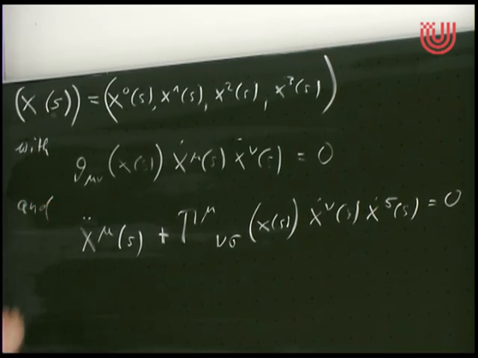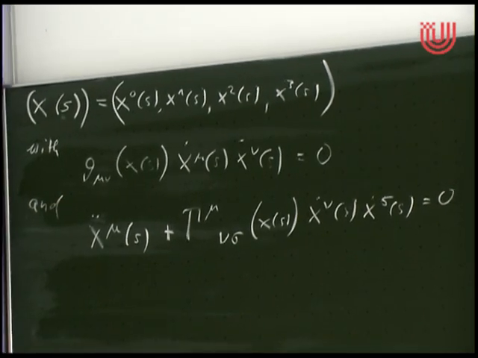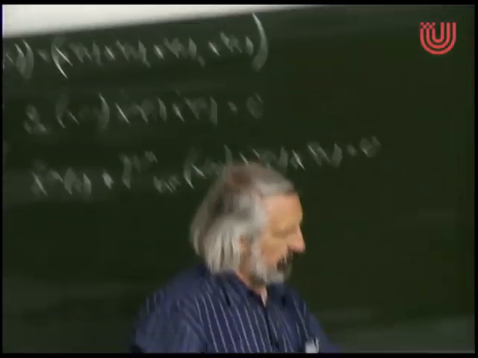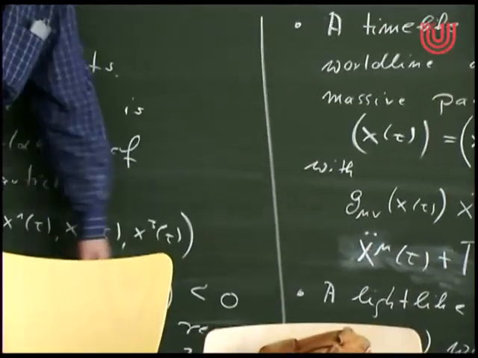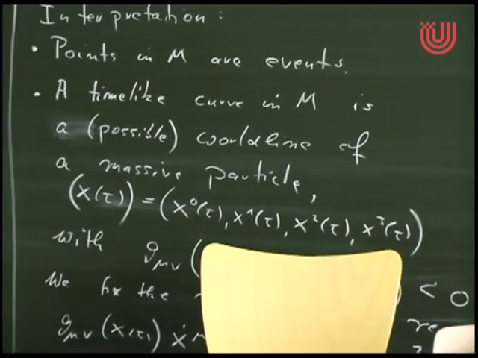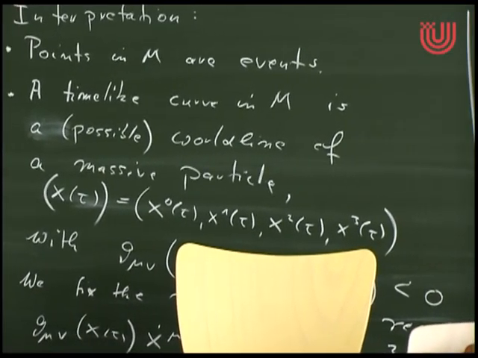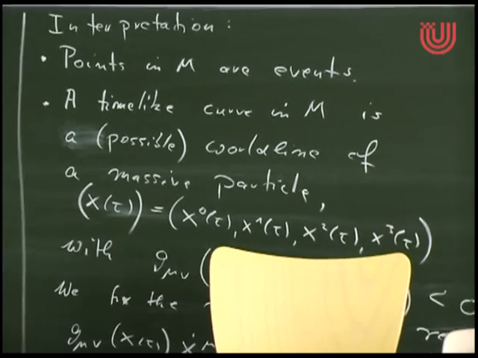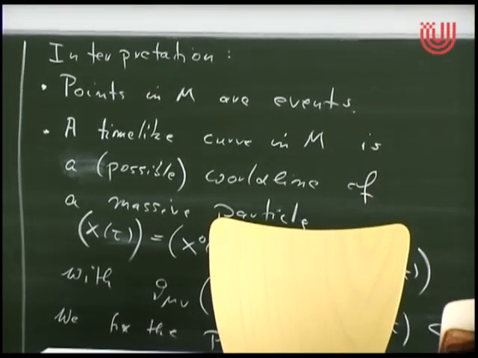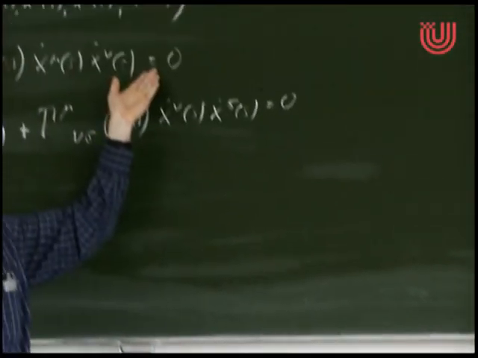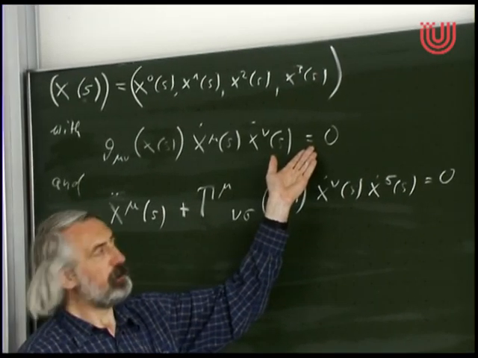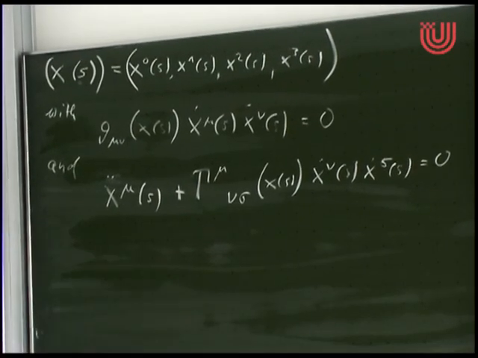What about the normalization? What we did here, we had the time-like curve. Here we had the smaller than 0 sign. And then we normalized the tangent vector, which fixed the parameter. And here we cannot do this, because normalization is not possible if we have the 0 here. We have already talked about this in special relativity.